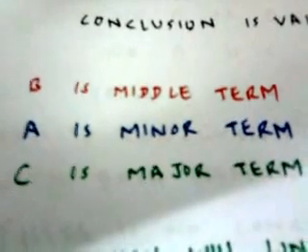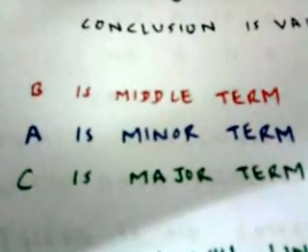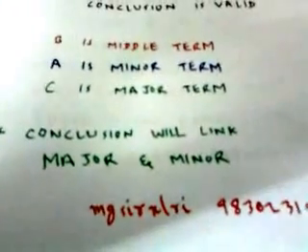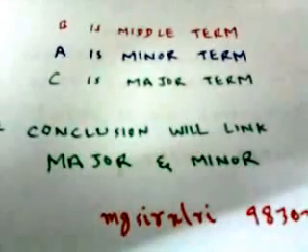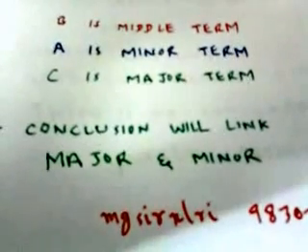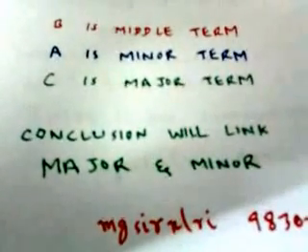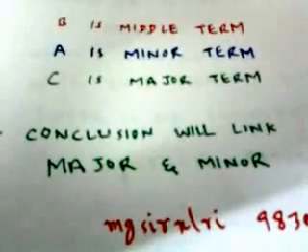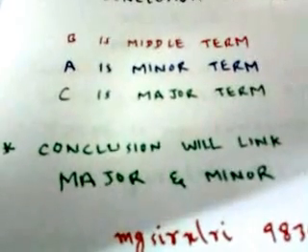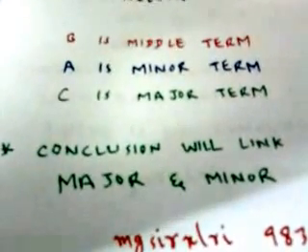And apart from the middle term, what we have in the second statement is the major term. And remember, this is very important, the conclusion will link the major and minor term. So suppose B is the middle term and in the conclusion we are writing some B is C. It is an invalid conclusion, because the conclusion will always link the major and minor term.